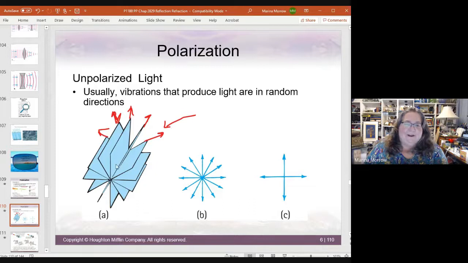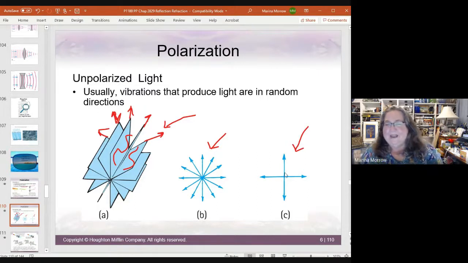That's supposed to show electric fields, okay? Or we can show it like this, like it's coming at you and you're seeing all the different directions the electric fields can be in. Or because we're lazy and it's easy, here's an unpolarized beam of light. We're just showing two beams, one up and down, the other left and right, and you can imagine those coming towards you. So that's representing unpolarized light.